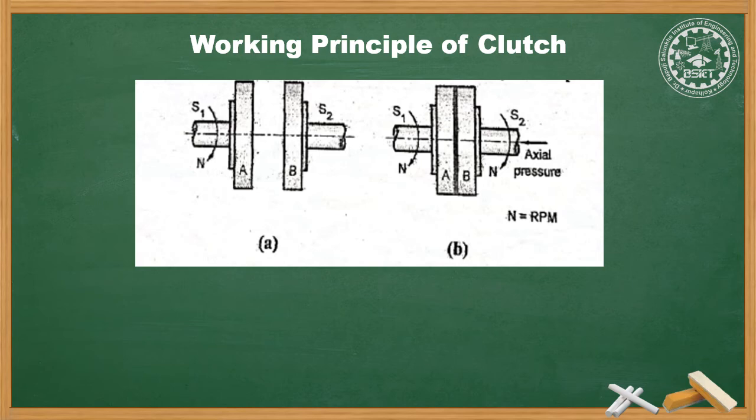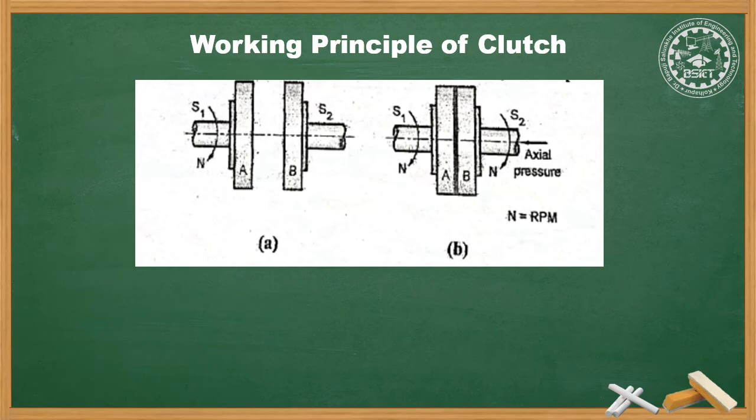The transmission of power depends upon the axial force applied at the S1 shaft end. If the force is applied fully, then the shaft speeds will be the same. That is, S1 speed will be equal to S2.